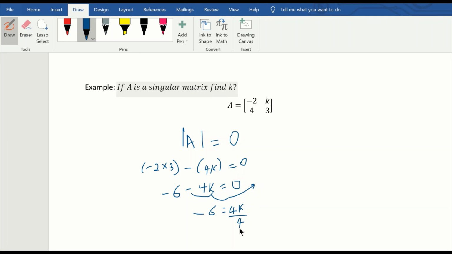So 4 cancels 4, and I'm left with K equal to negative 6 over 4, which simplifies to negative 3 over 2, or K is equal to negative 1.5. So this is our final answer.